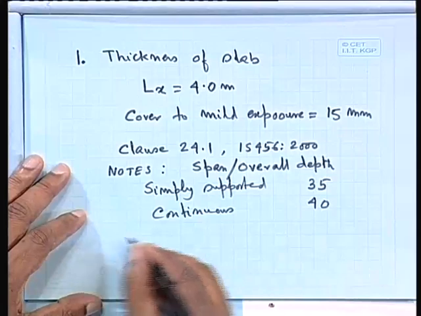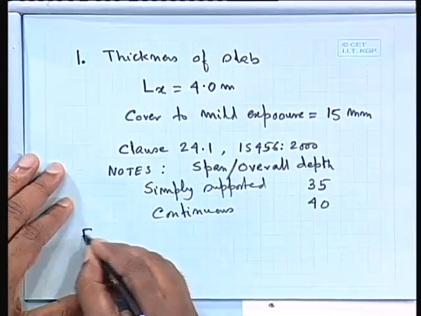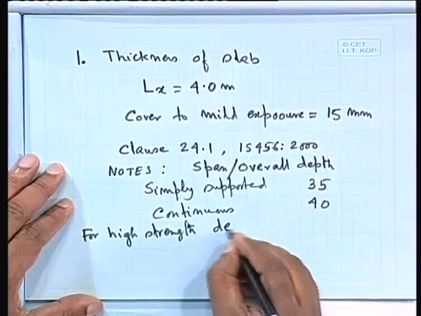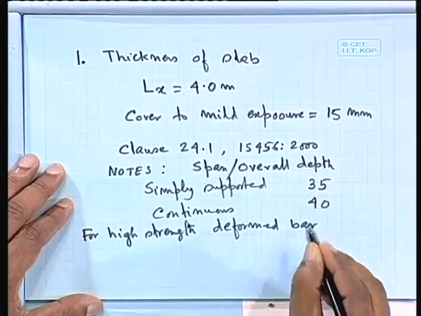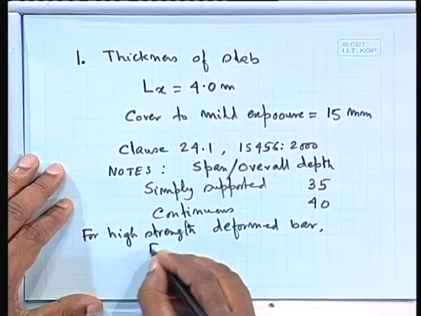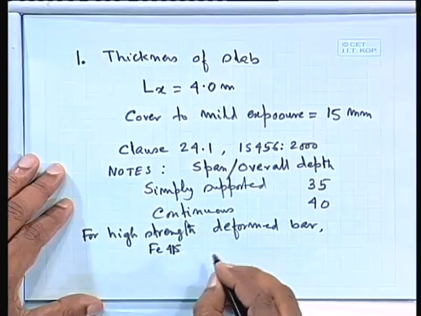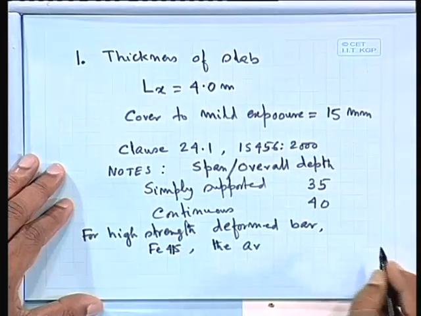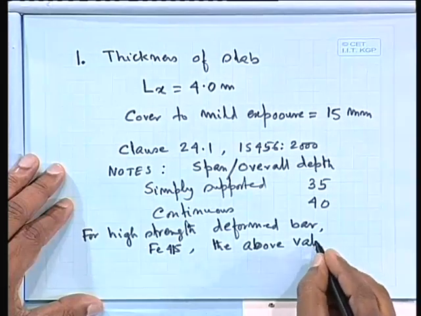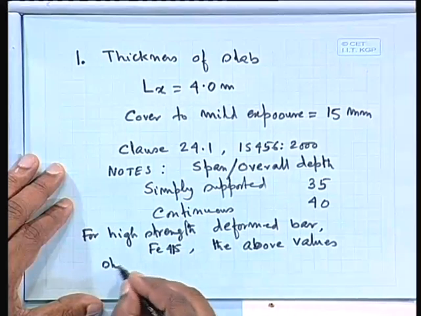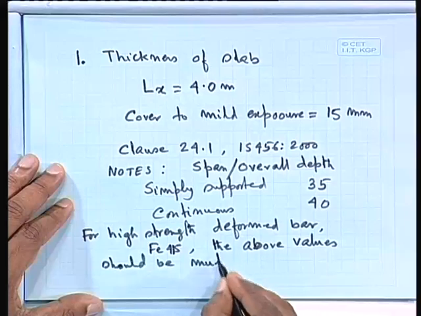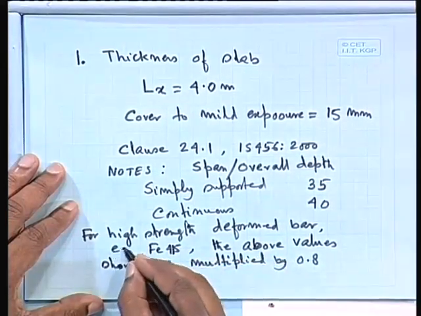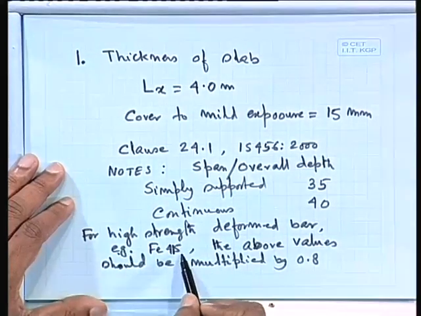It further mentions, for high strength deformed bar, that is here Fe 415, the above values should be multiplied by 0.8.